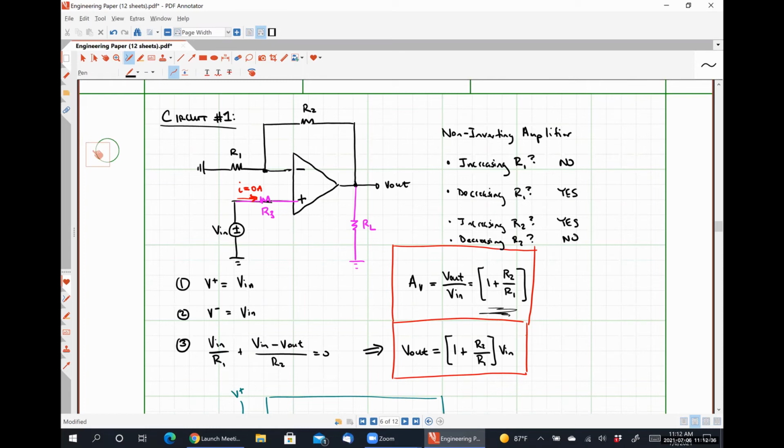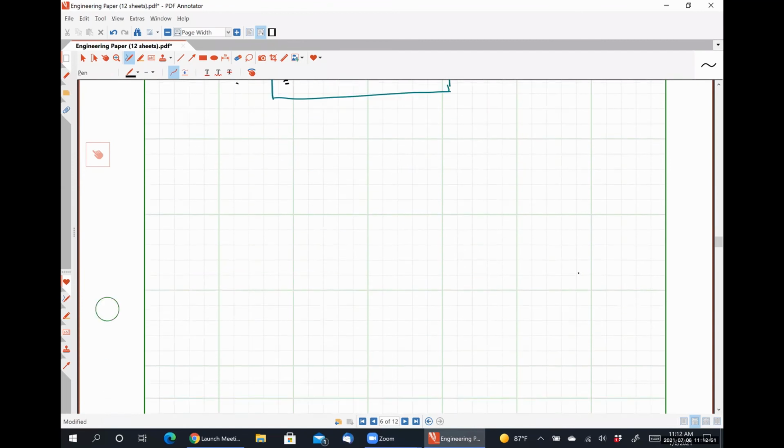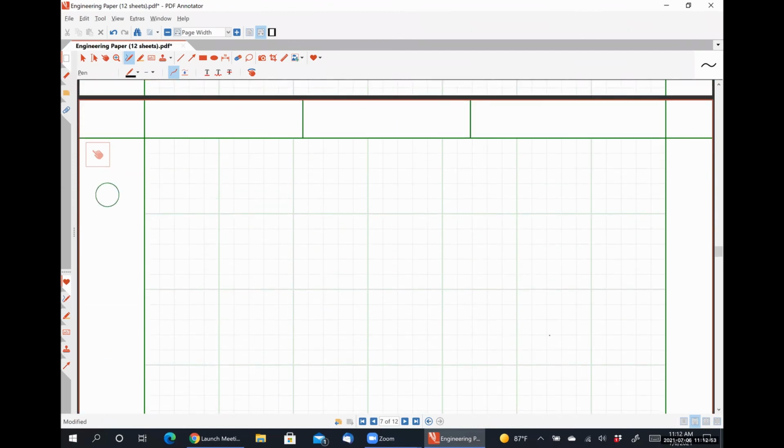So the gain, or the input-output relationship, of this circuit is determined entirely by the values of resistors R1 and R2. Let's look at another circuit. This is going to be very, very similar.